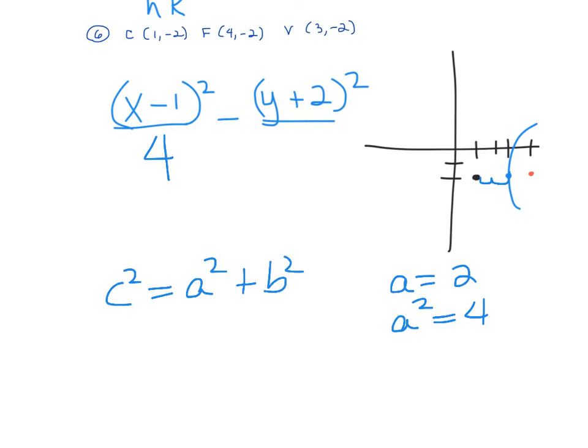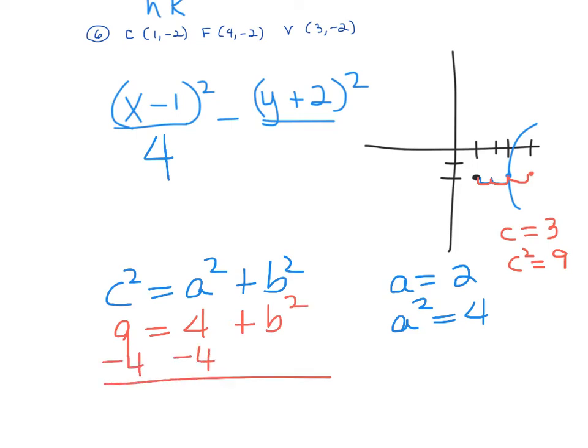So my c is black to red. So you can see from this ordered pair to this ordered pair, it's 3 spaces. So c is 3, so c squared is 9. So 9 is equal to 4 plus b squared, minus 4, 5 is equal to b squared. So 5 goes here and it equals 1. And you're done.